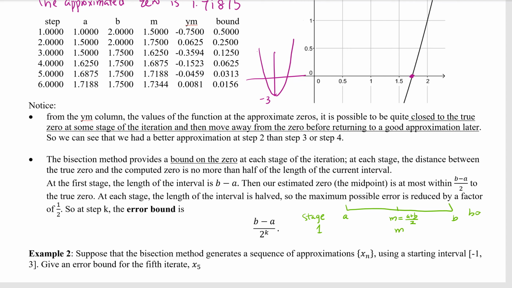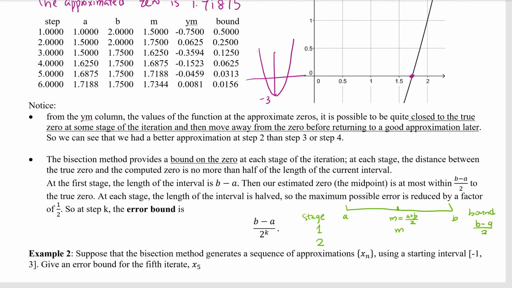So the bound at the first stage: our estimated zero is at most within (b minus a) over 2 of the true zero, right? No matter whether the true zero is here, the distance is within (b minus a) over 2, or it could be here, and the true zero is still within (b minus a) over 2. So far, so good, everybody?